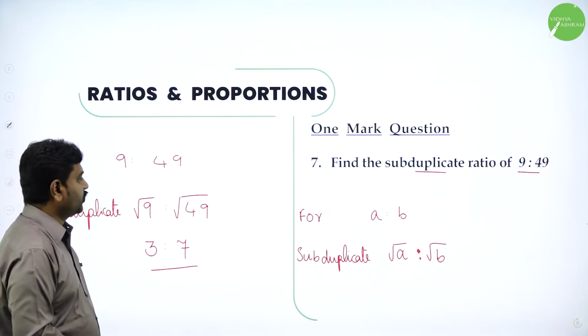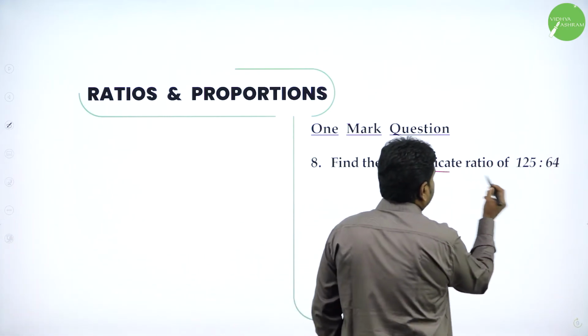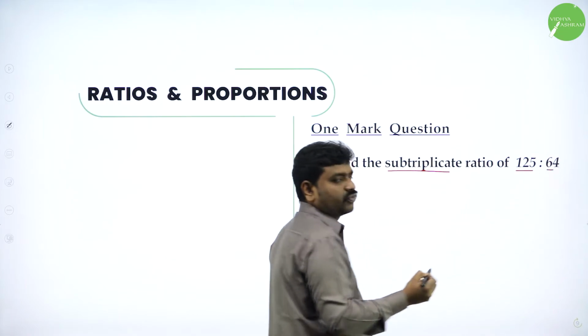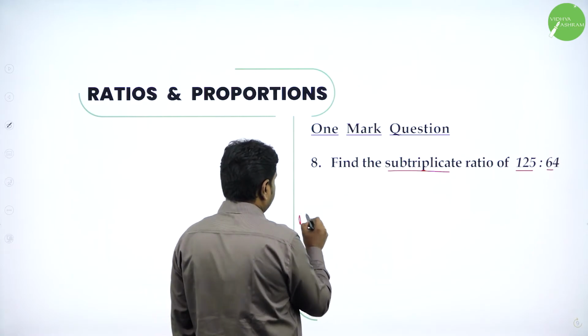Further, sub-triplicate. Find the sub-triplicate ratio of 125 is to 64. Now they want you to find the sub-triplicate, so you know the format.